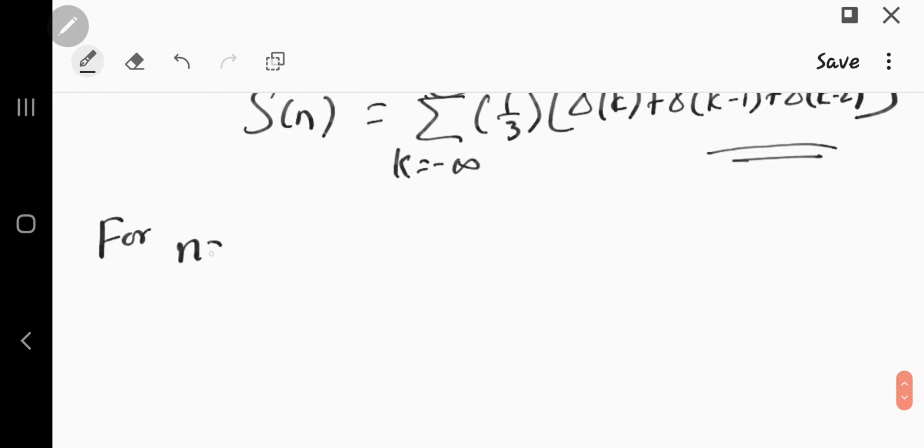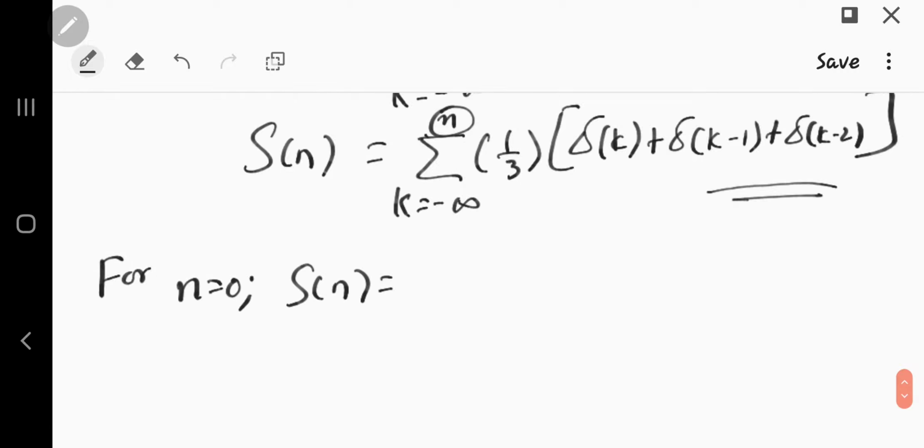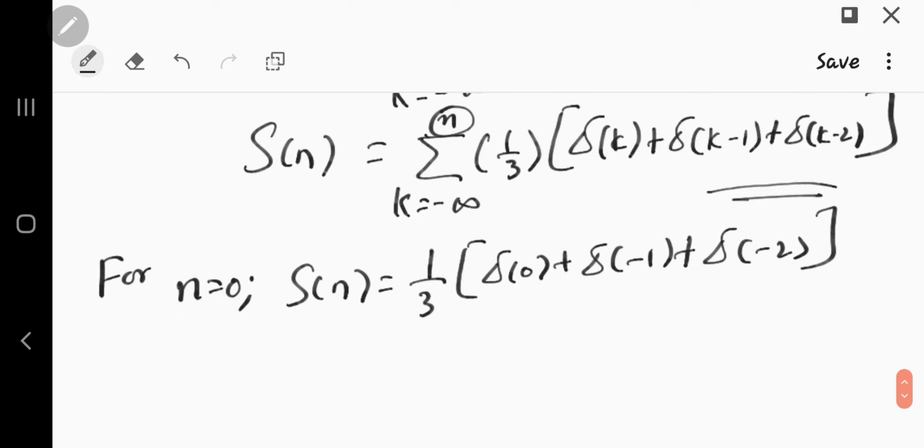For n is equal to 0, s of 0 is equal to 1 by 3 into delta 0 plus delta minus 1 plus delta minus 2. So that means 1 by 3, since the signal is present only at this point. The value will be 1 by 3 here.